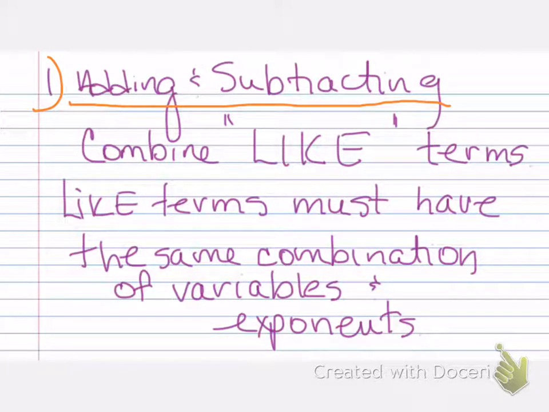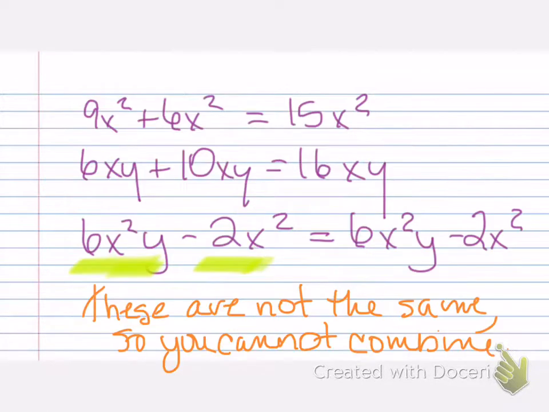You're going to combine like terms. Like terms must have the same combination of variables and exponents. So what does that mean? Let's look at a couple of examples. If we have 9x squared plus 16x squared, those are like terms, so we can add them together, and we get 25x squared.